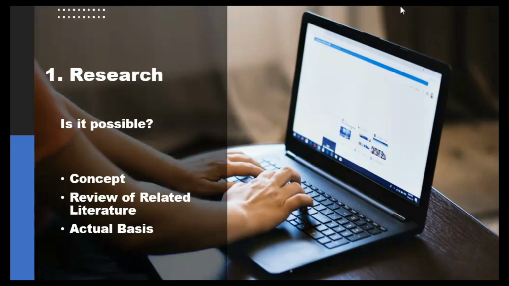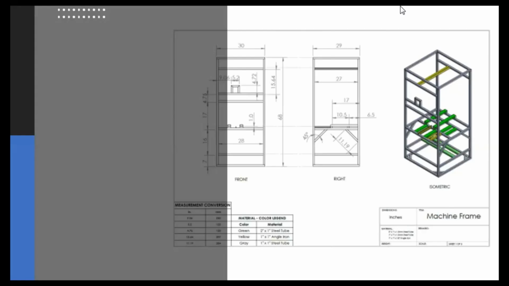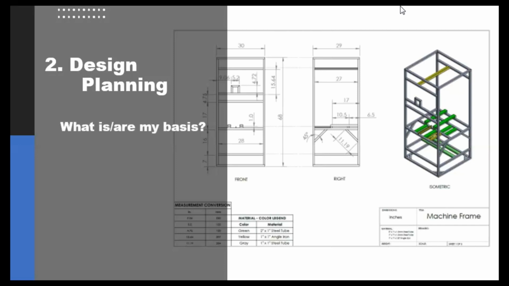So after you have done research, the next thing you are going to do is design planning. Design planning answers the question, what is or are my basis? When you do design planning, it talks about the visualization of your machine.